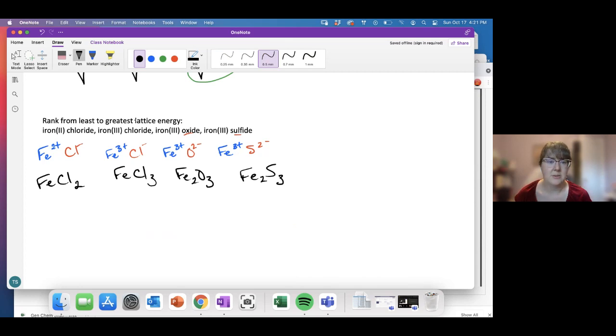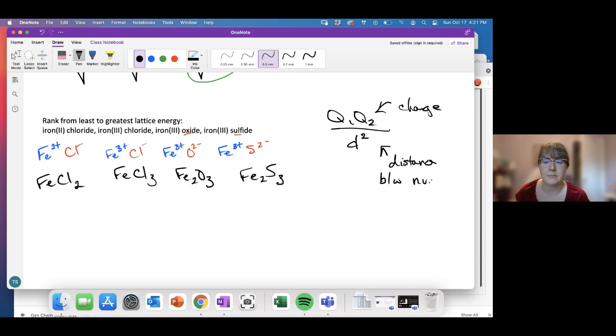If I'm trying to talk about lattice energy, what I should be thinking about is that there is a formula for this. The thing that's really nice about the formula is that it lets me remember all the pieces and parts that I need. So I have charge and I have distance. This is technically the distance between the nuclei.